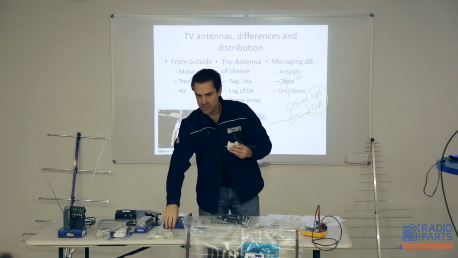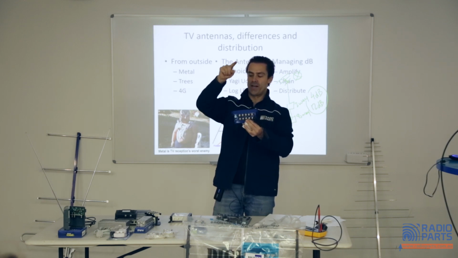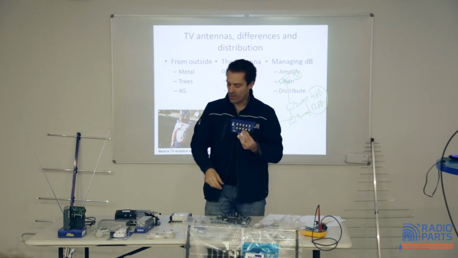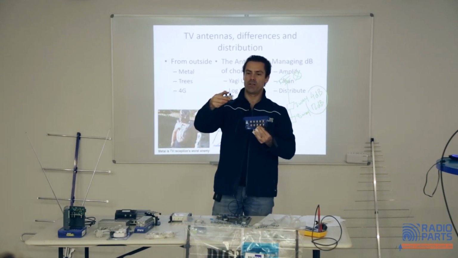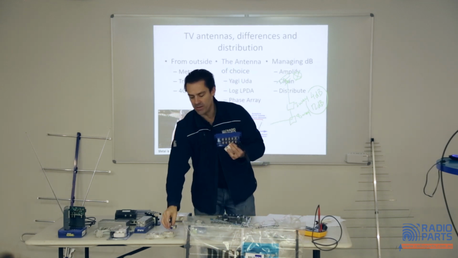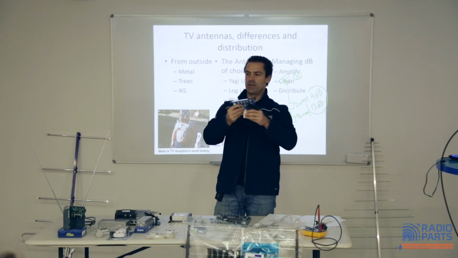So you'll have special splitters like this that will allow the voltage to pass through them. You've got other splitters like this Channel Plus that will allow the voltage to pass through them. So whenever you're dealing with infrared over your TV system, you've just got to have a second thought because you've got to consider that voltage.